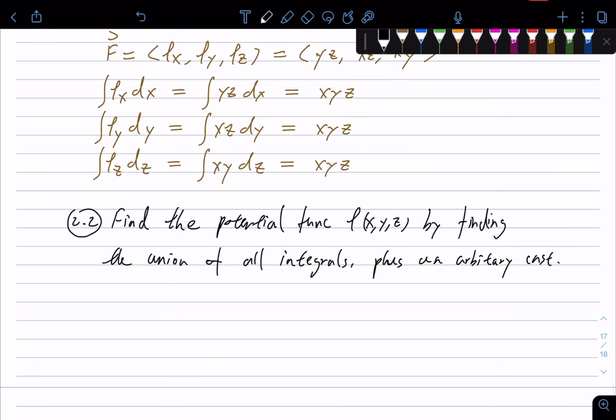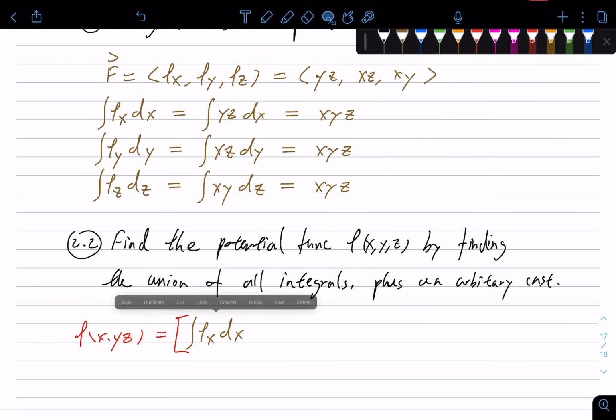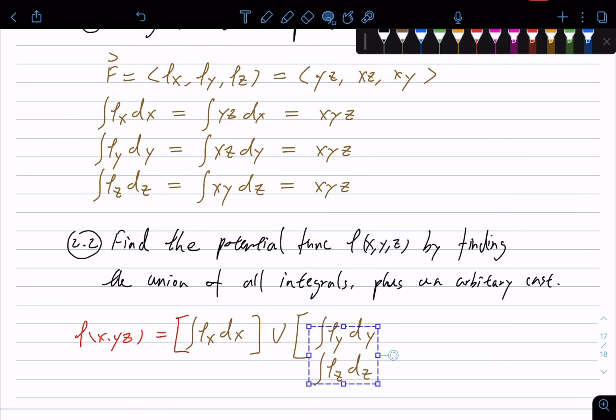What do I mean by that? So psi of x, y, z is just going to equal the union of this, the integral with respect to x, and then the union of y and z, same thing.